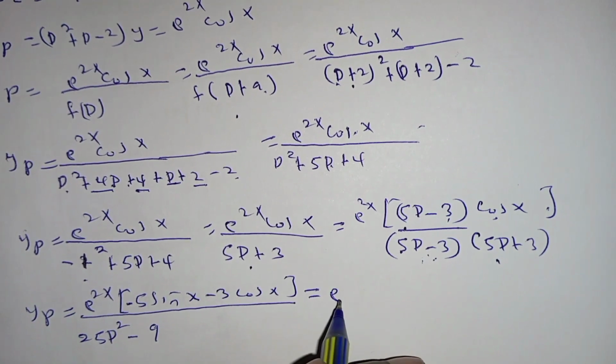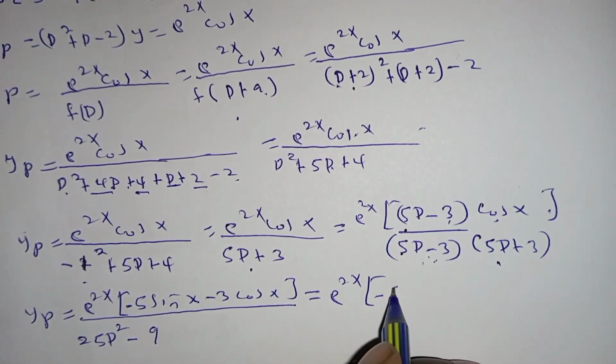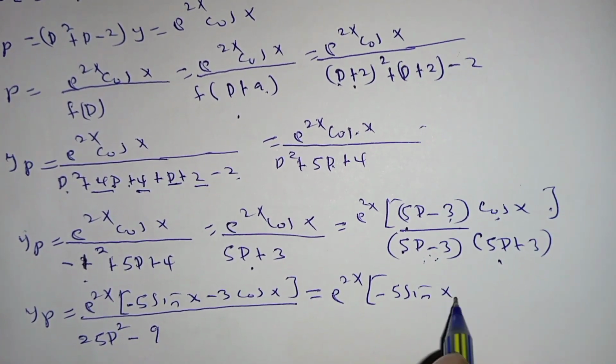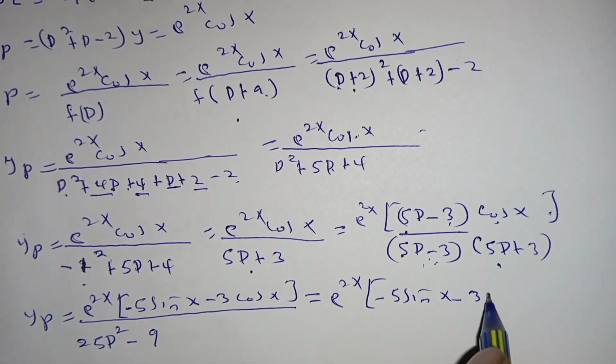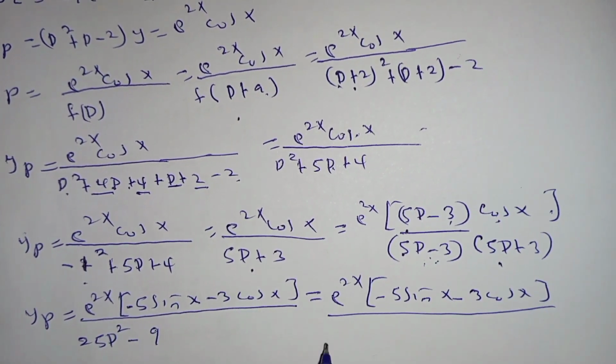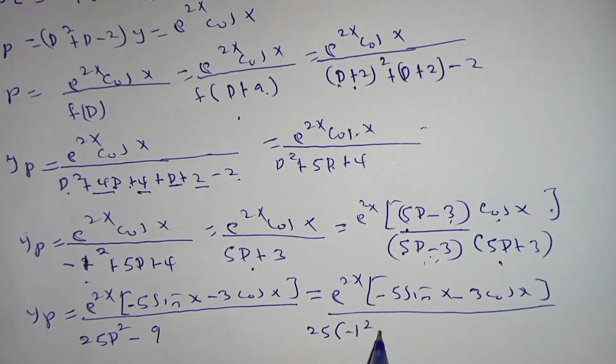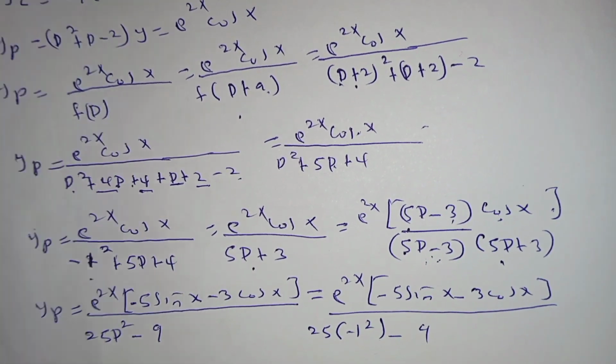So exponential x into bracket minus 5 sine of x minus 3 cos of x divided by 25 into bracket minus 1 squared, close the bracket, 9.